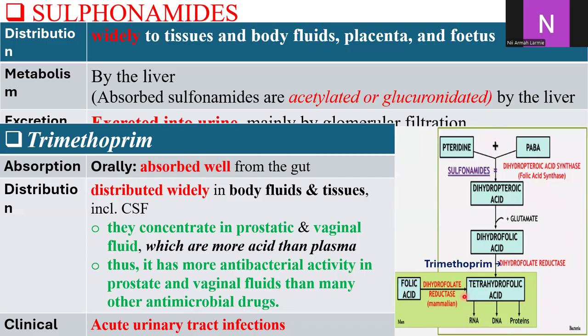just like we see in Septrin or cotrimoxazole. So when you combine a sulfonamide and trimethoprim, that makes the drug usually gain a bactericidal activity. Individually, sulfonamides and trimethoprim are bacteriostatic usually in nature.